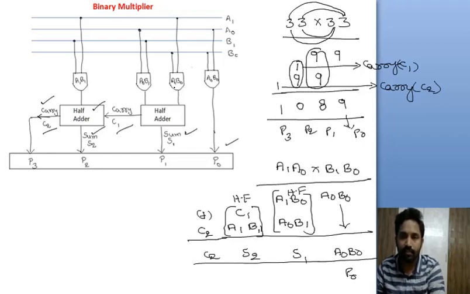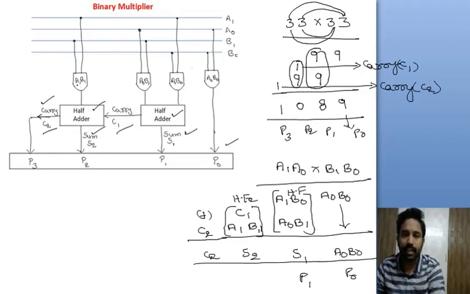That is the reason A1 B0 bits and A0 B1 bits are added here with the help of a half adder. That is the sum output taken here, the S1 output, and let us assume this is P1. And if a carry is generated, it is shifted to the next successive bits. That is the reason this carry is added in the next half adder. This is the second half adder. The same thing I mentioned here, right?